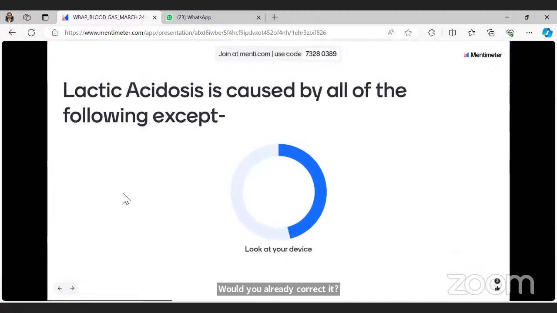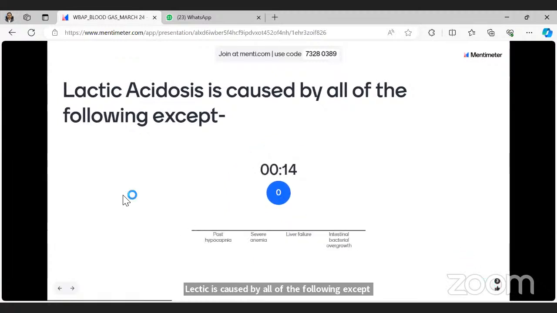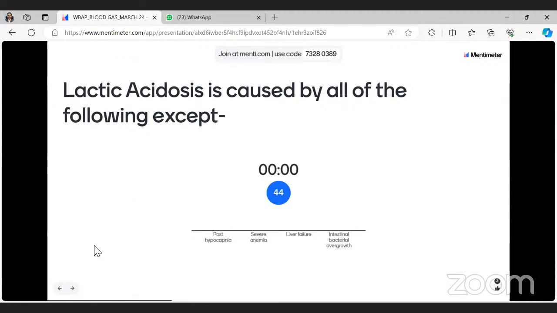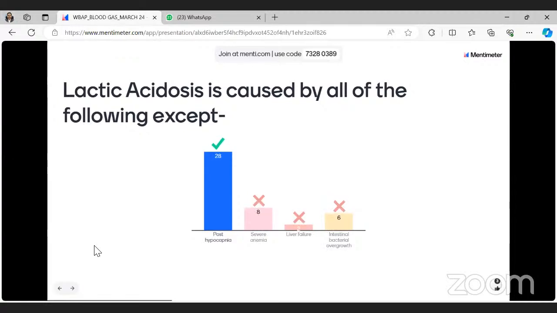Lactic acidosis is caused by all of the following except. Excellent.